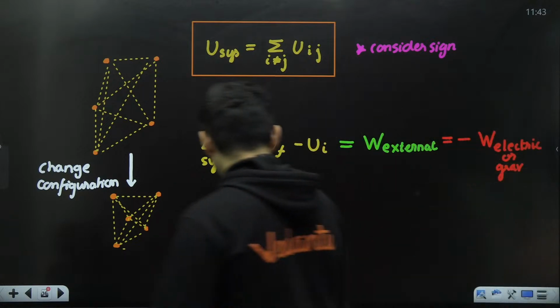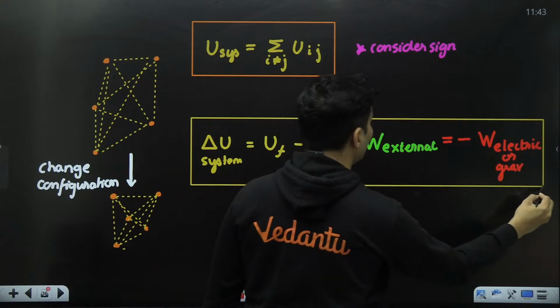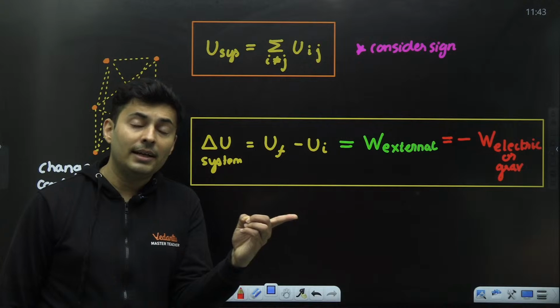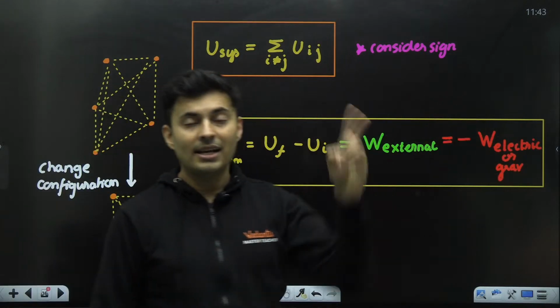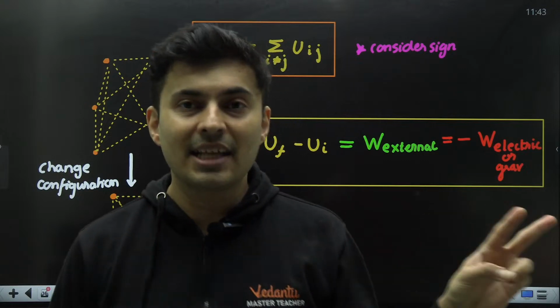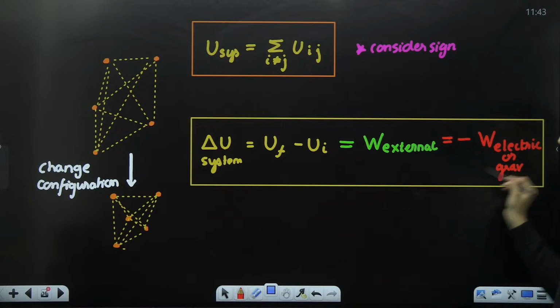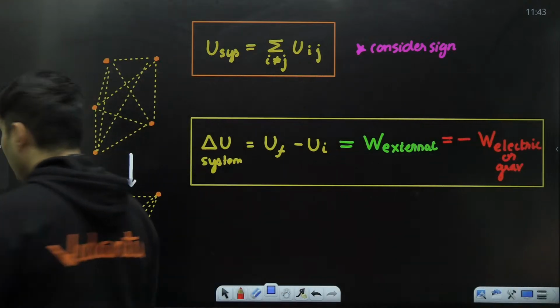This is a very, very important equation, not because of the magnitude, but because of the sign. Remember, work done is negative delta U. That work is always the work by conservative forces. Electricity and gravity are conservative forces. So the negative of the work done by the conservative force is the change in the potential energy of the system. Very important, guys.